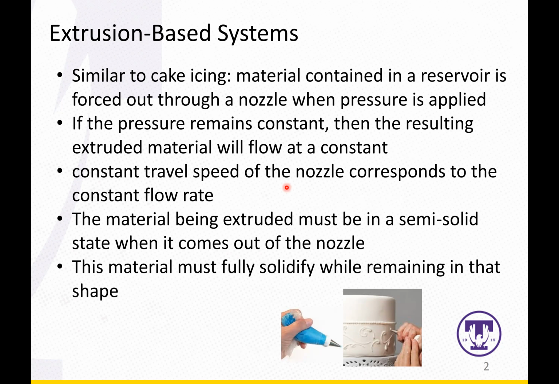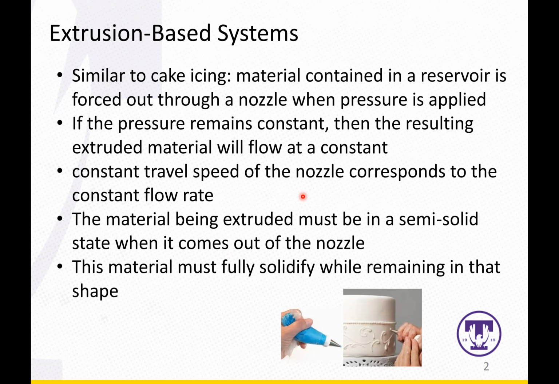All right. So the material being extruded must be in a semi-solid state when it comes out of the nozzle, right? For FDM, fused deposition modeling, the material will be such as ABS or PLA, and they are all so-called thermoplastics. So it is melted to a semi-solid state, such that it could be extruded, right?